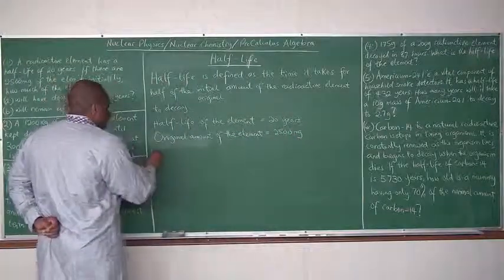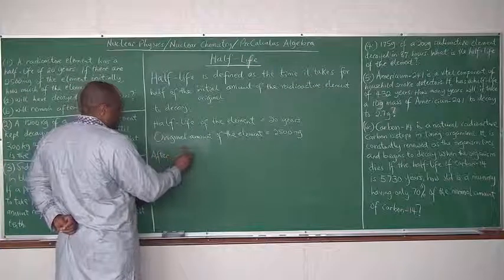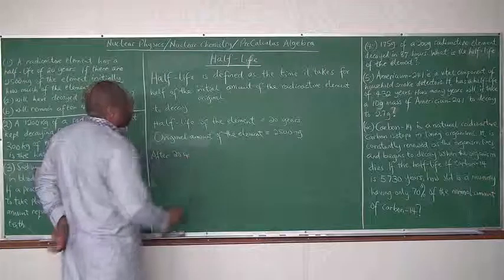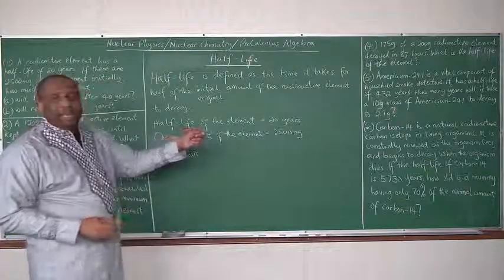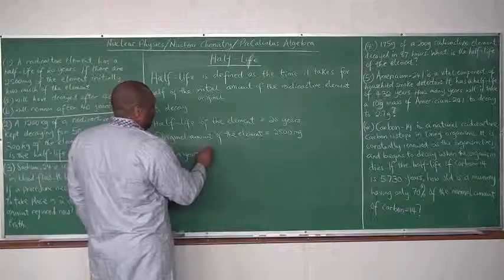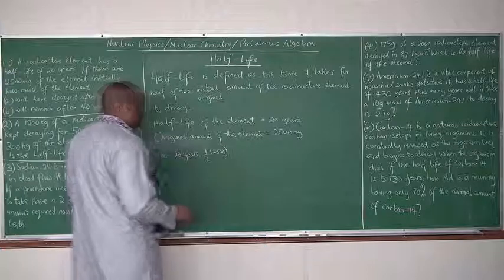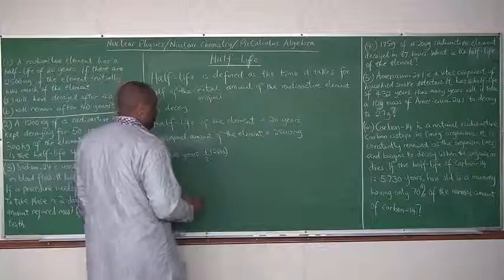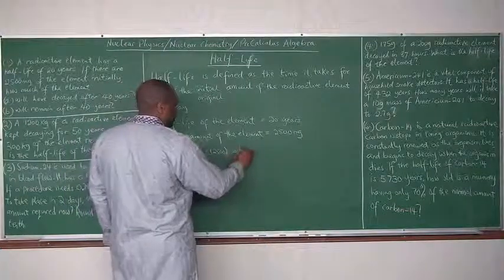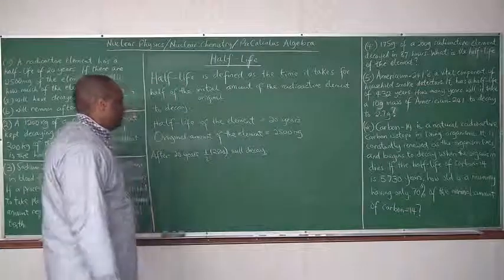So what does this tell us? That after 20 years, half of 2500 will decay. So that tells you what?